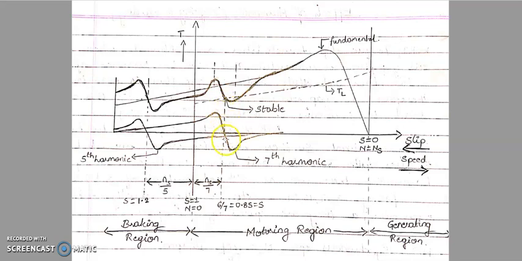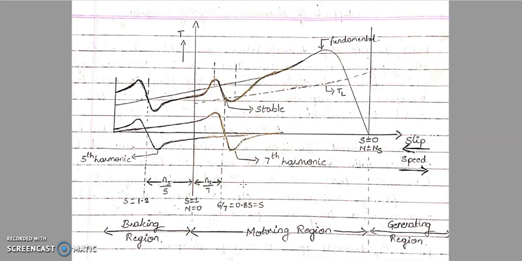At this particular point, if you see, the speed will be what? Ns by 7. So let Ns be 25 rotations per second, for a 4-pole machine operating your induction motor at 50 hertz.